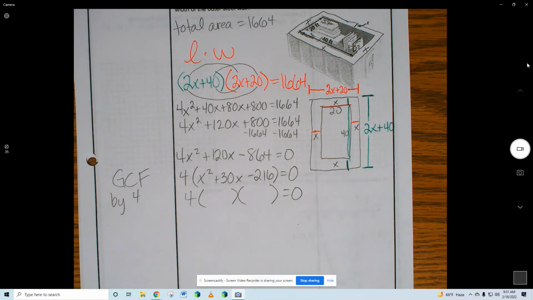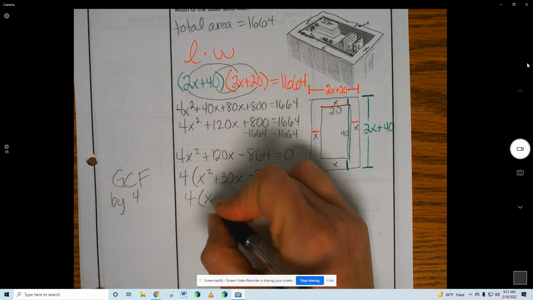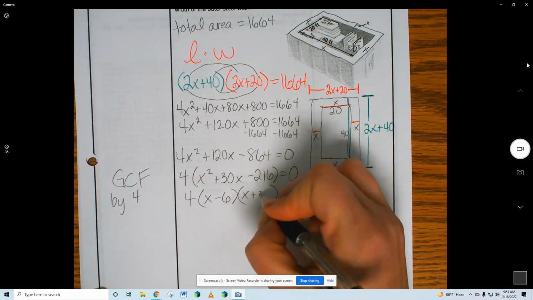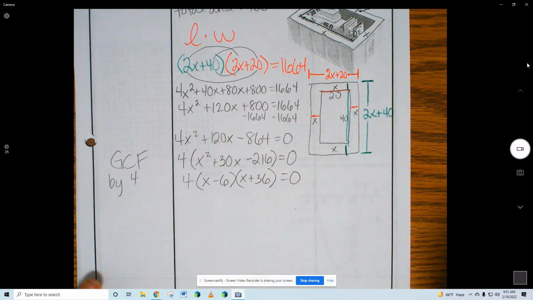It makes 30. Since we don't really have our 216s in any memory of multiplication, I will tell you. It's 6 and 36. That's the factored form.